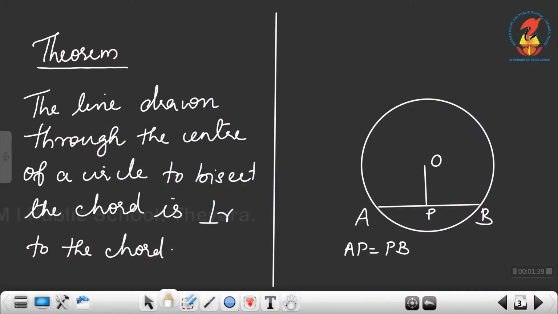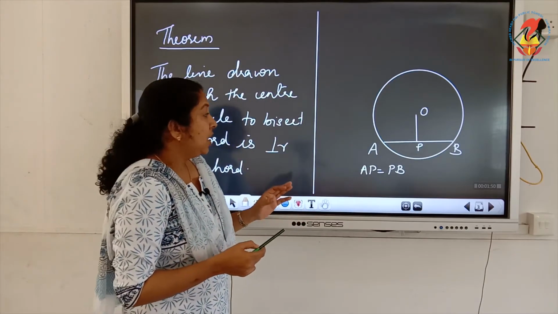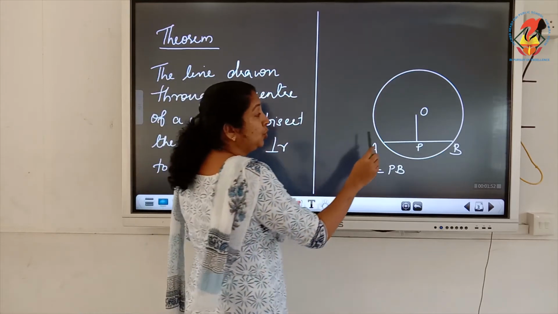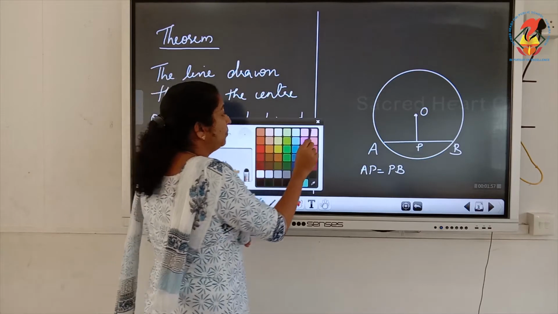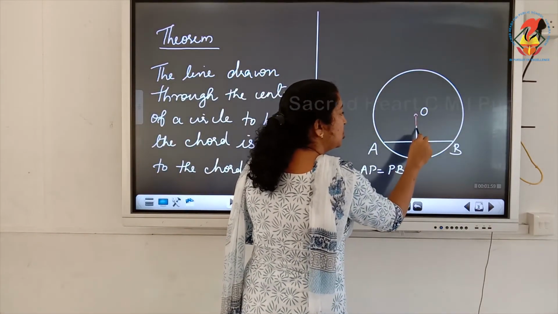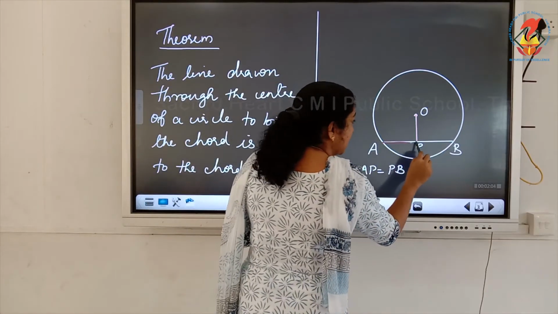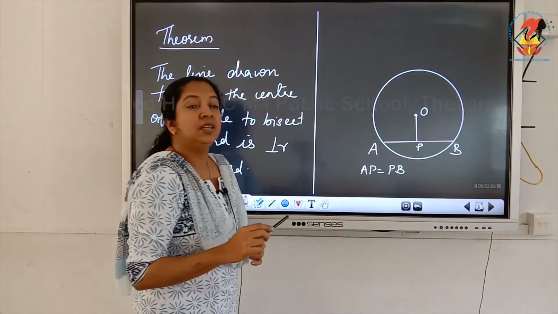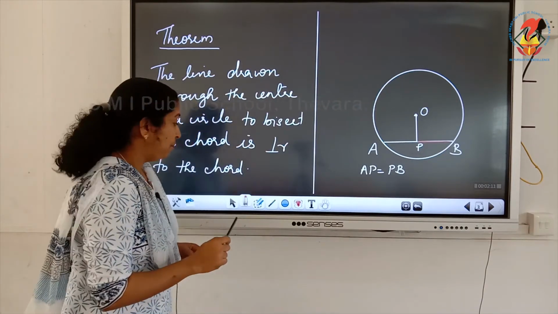Next theorem: the line drawn through the center of a circle to bisect the chord is perpendicular to the chord. This is just the converse of the previous one. If a line is drawn through the center of a circle to a chord and it bisects, that means AP is equal to PB, then we can say that OP is perpendicular to AB.